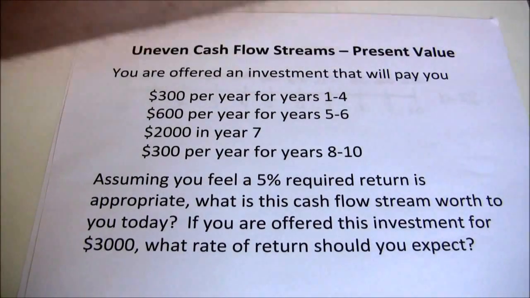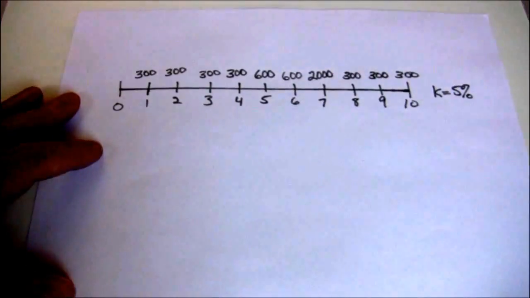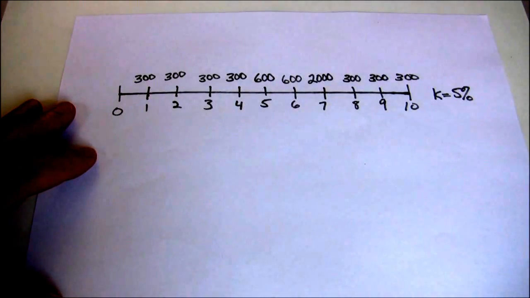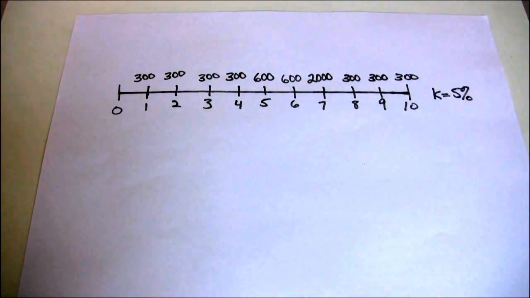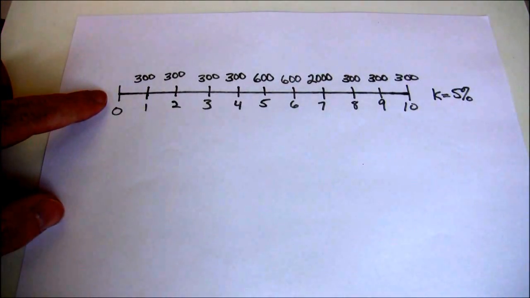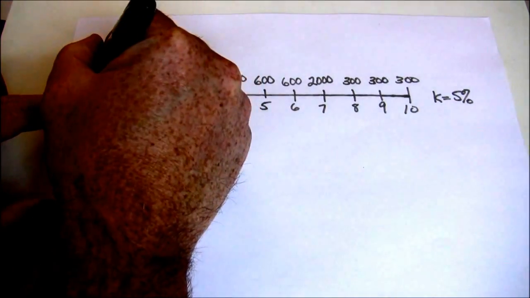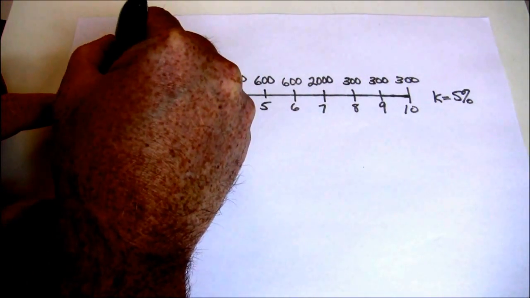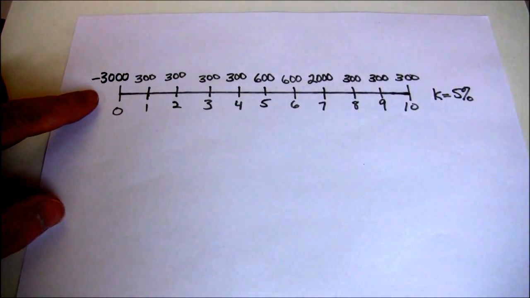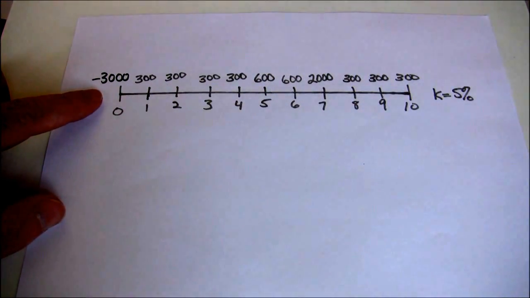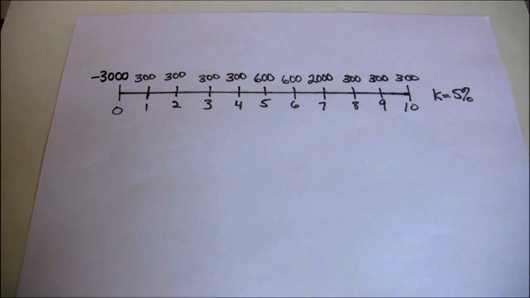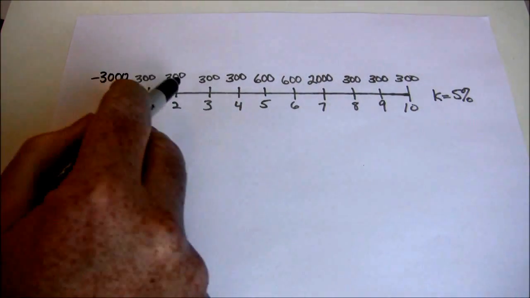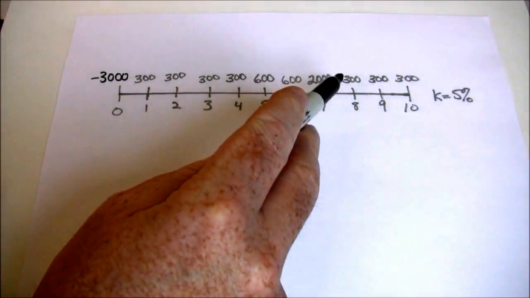In order to figure that out, again, let's go back to the timeline. But now in our timeline, this year zero cash flow, instead of setting it as 0, we're going to set it up as negative 3,000 because we have to pay $3,000 today in order to get these remaining cash flows. So we give up 3,000, we get these cash flows back.